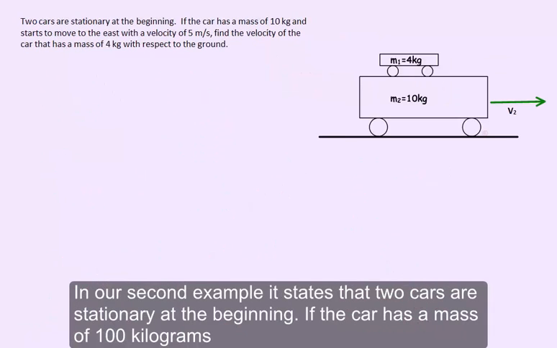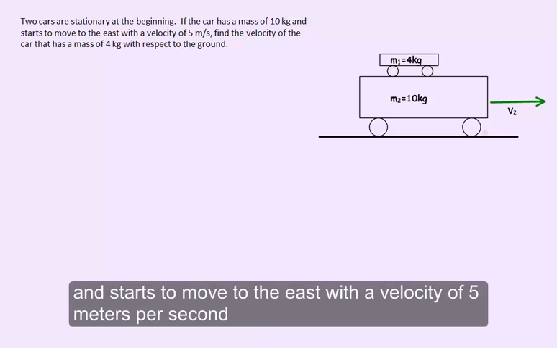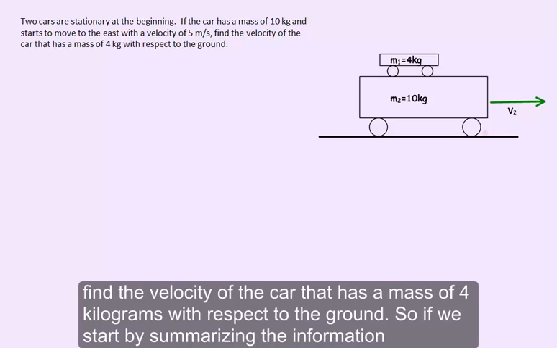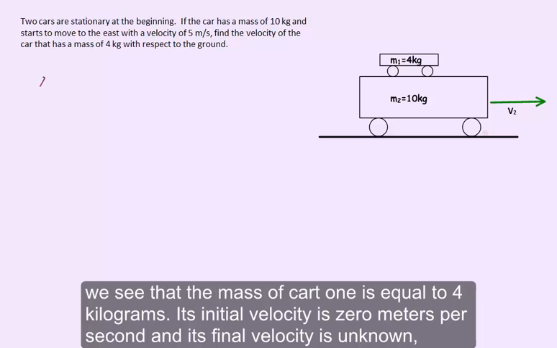In our second example, it states that two carts are stationary at the beginning. If the cart has a mass of 10 kilograms and starts to move to the east with a velocity of 5 meters per second, find the velocity of the cart that has a mass of 4 kilograms with respect to the ground. If we start by summarizing the information, we see that the mass of cart 1 is equal to 4 kilograms.